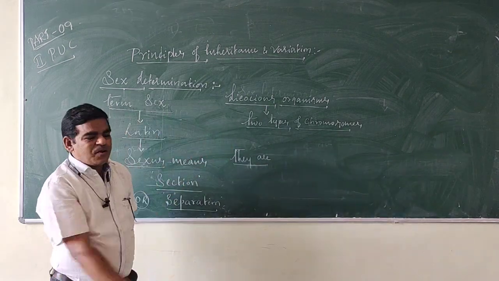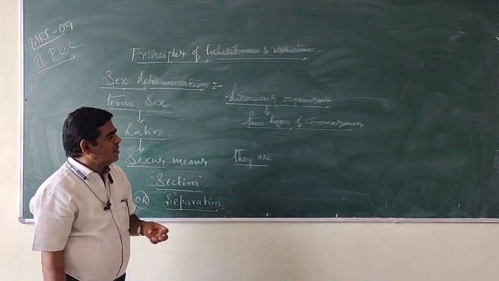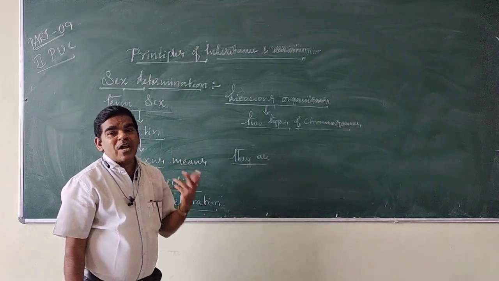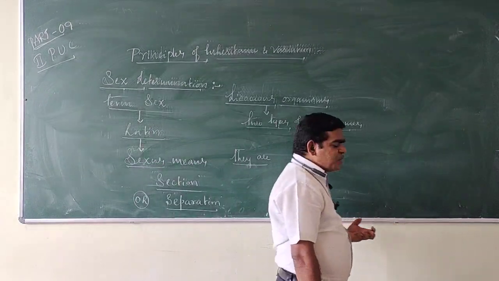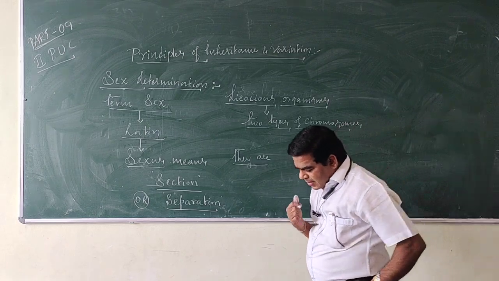They are present. How many types of chromosomes are produced in dioecious organisms? Two types of chromosomes are present or produced in dioecious organisms.